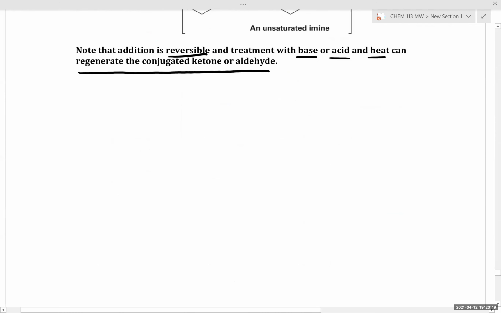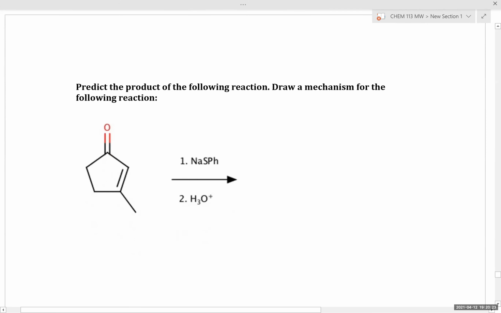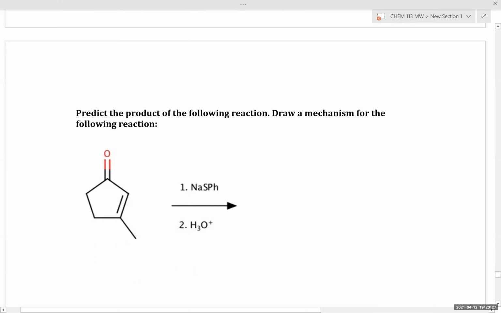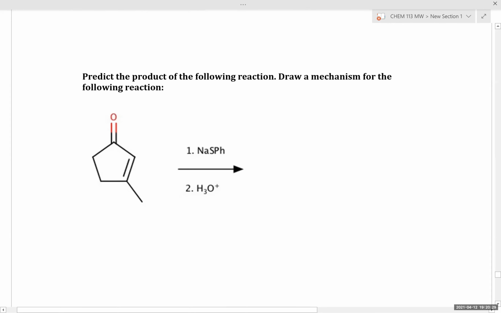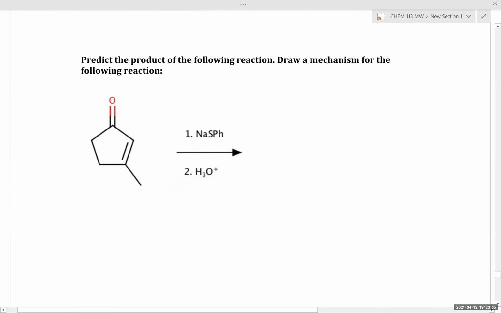Okay, let's keep going now and let's try to apply what we've learned and predict the product of the following reaction and draw a mechanism for this reaction. So this time, rather than using a nitrogen-centered nucleophile, we're going to use a sulfur-centered nucleophile.